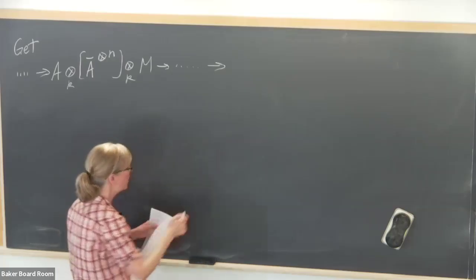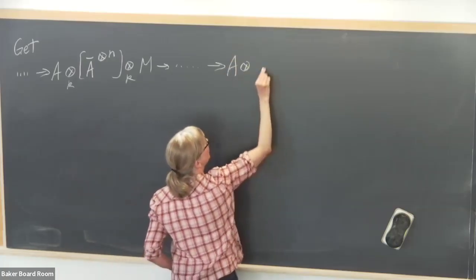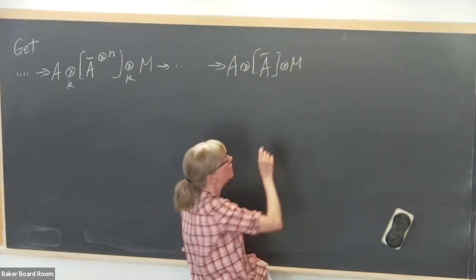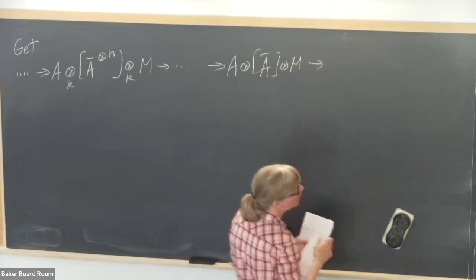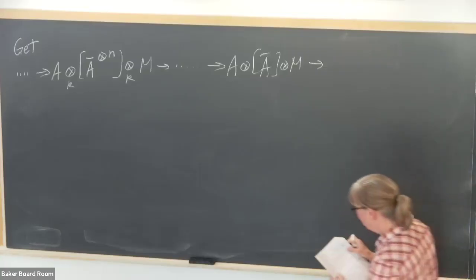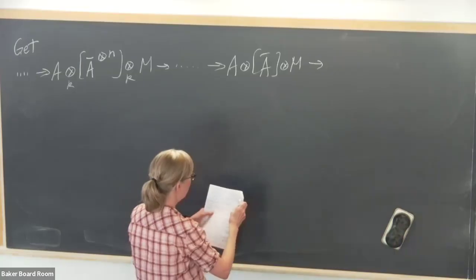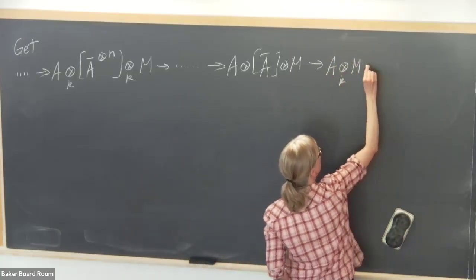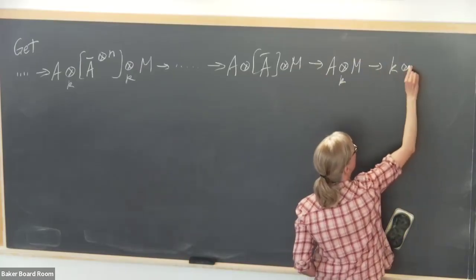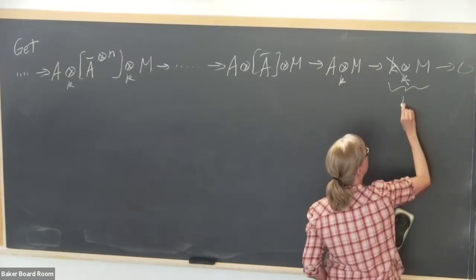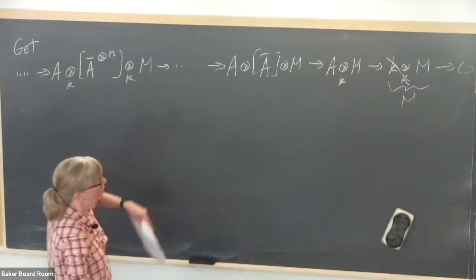And at the very end of it, it looks like A tensor A bar, tensor M, all the tensors are over K. And then the very last thing is this lovely K sitting here. So I have to tensor, oh no, I have another factor, I missed this term. A tensor with M, and then I have K tensor M goes to 0, so this is M. And these are all free A modules.